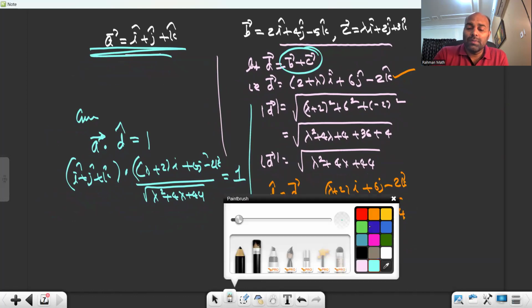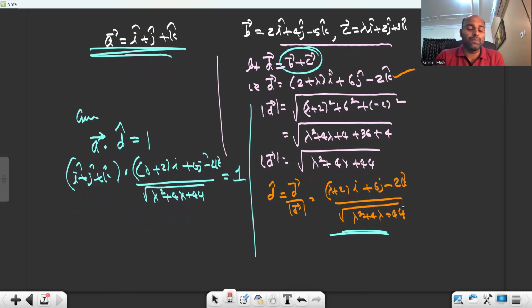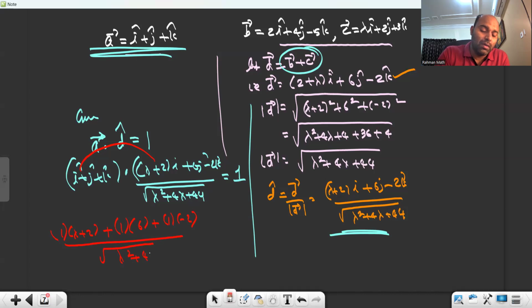This one, what we wrote, dot product equal to 1. Dot product, how we are doing: corresponding i term, j term, k term. So here, 1 into lambda plus 2, plus 1 into 6, plus 1 into minus 2, and the denominator, the root of lambda square plus 4 lambda plus 44, you can transpose to the other side, that's my suggestion.